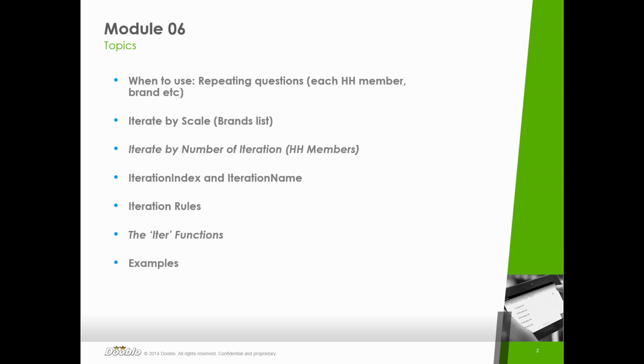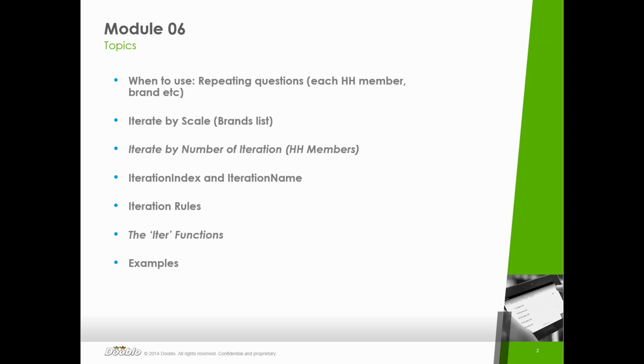Iterations in SurveyToGo are defined on chapters in the script, so the repeating questions should be contained within the chapter that will be iterated. SurveyToGo keeps, for scripting needs, two built-in parameters that represent the context of the current iteration.